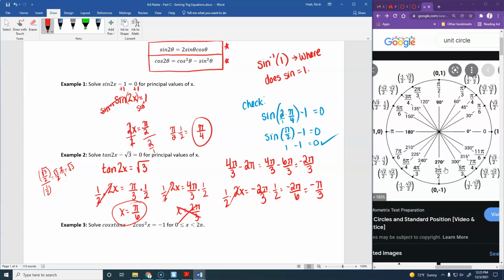Now, is negative pi over 3 a principal value for tangent? Where would negative pi over 3 be? What value that we see on the unit circle would it be? It's 5 pi over 3. Is that a principal value for tangent? Is it in the first or fourth quadrant? Yes. So this is another answer.